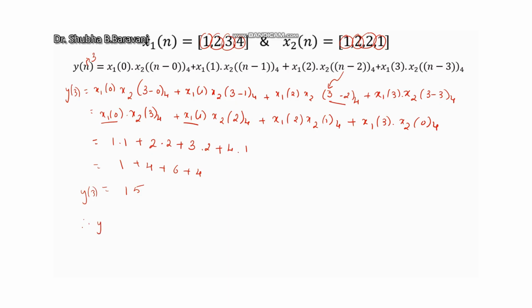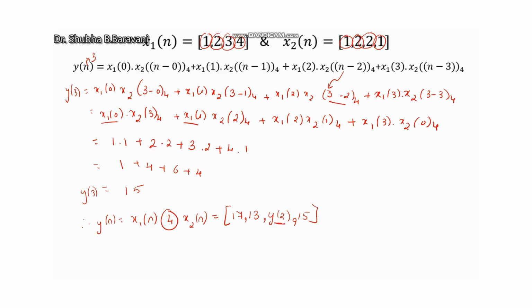Therefore, y of n, which is 4-point circular convolution of x1 of n and x2 of n, is given as 17, 15, 13 and 15. Right?